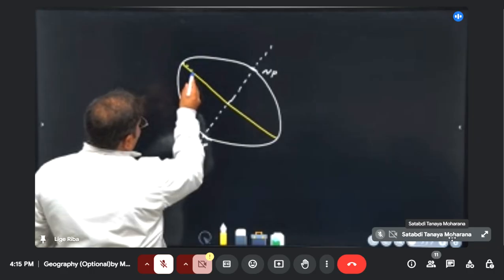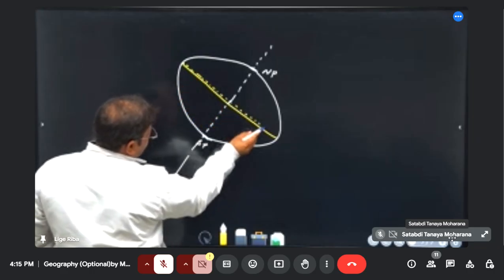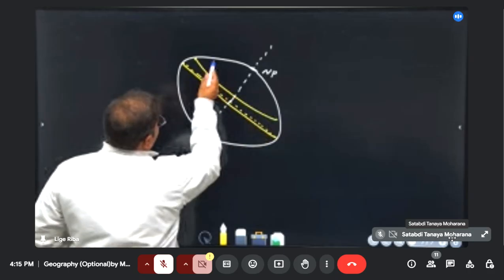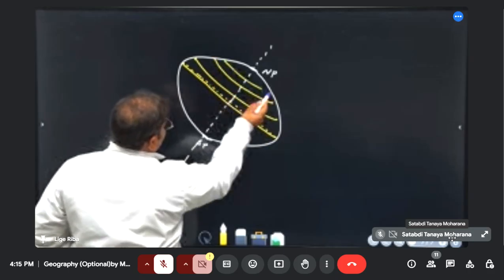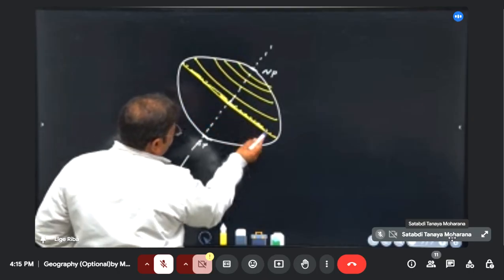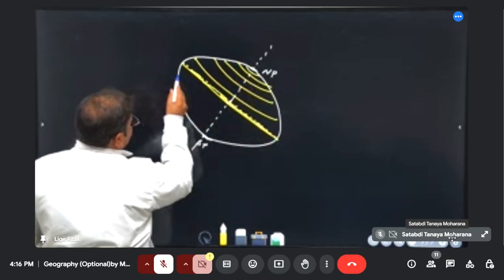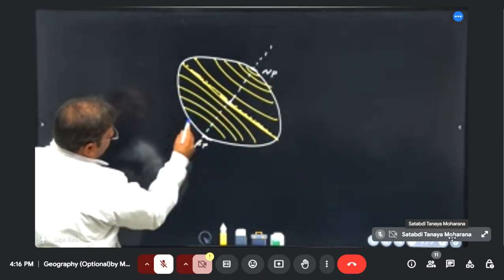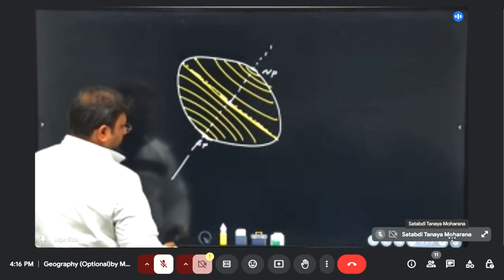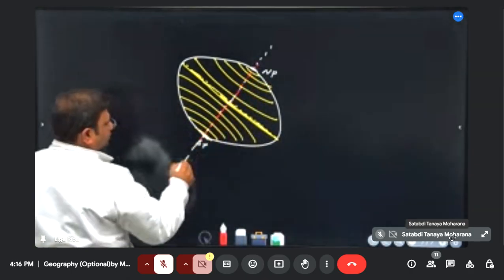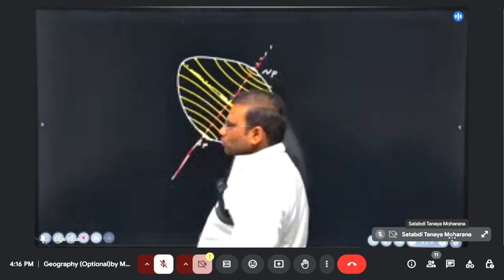These lines are our latitudinal lines. You can see this is the equator, the very center. These are latitudes, with parallel lines in the southern hemisphere also. But these are longitudes. Does the Greenwich line coincide with the axis? Yes.